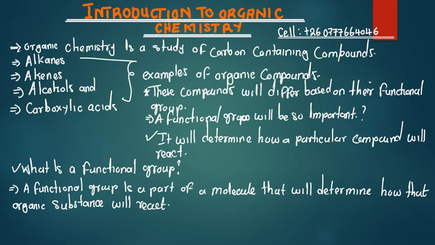In other words, alkanes are going to have their own functional group, alkenes are going to have their own functional group, and alcohols are going to have their own functional group. Carboxylic acids will also have their own functional group. And these functional groups are going to determine how these compounds will be reacting. Now, what does that imply?